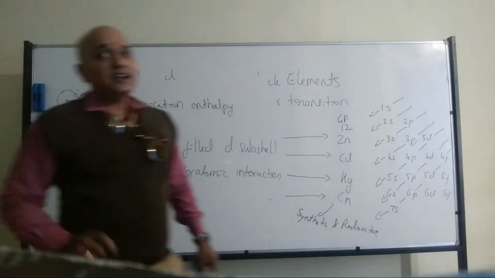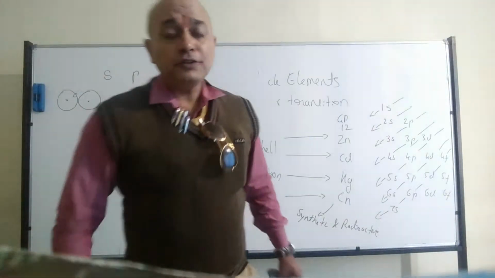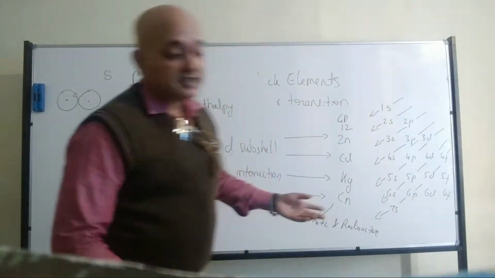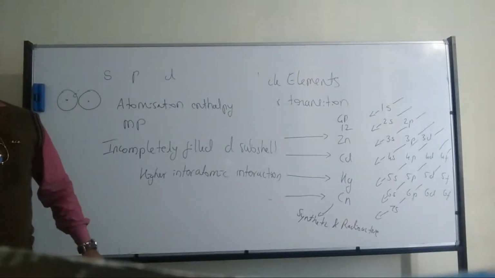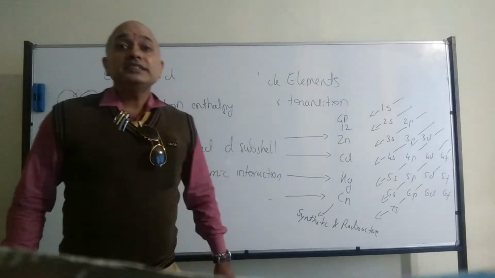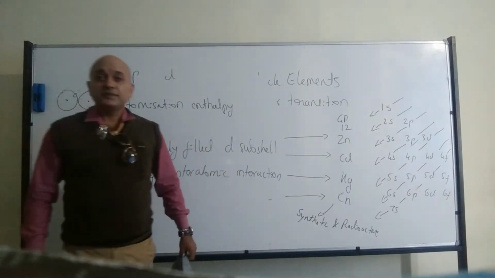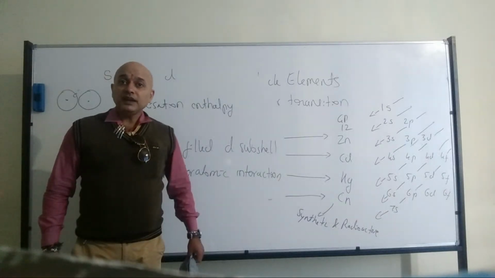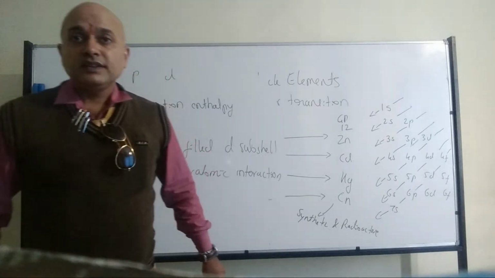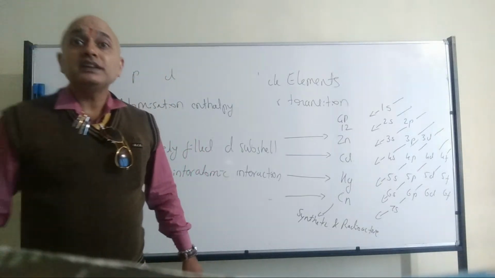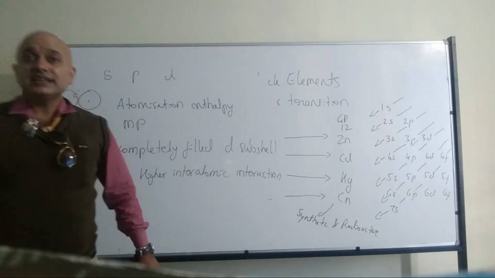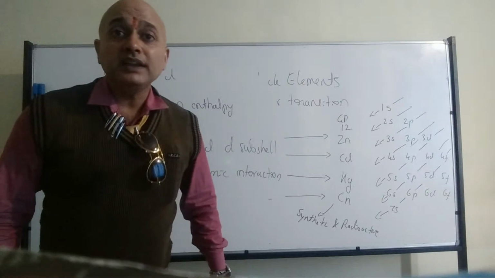I am expecting a question. I told tungsten, chromium, or molybdenum are some of the examples which have high atomization enthalpy or melting point. But if you observe, manganese, with d5, has the highest number of unpaired electrons.